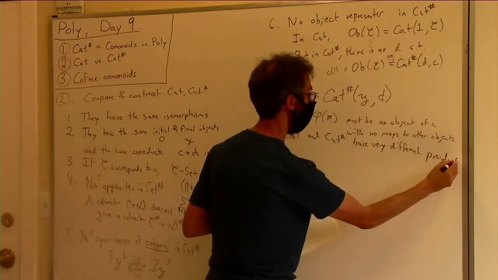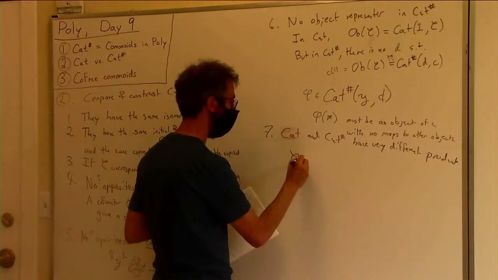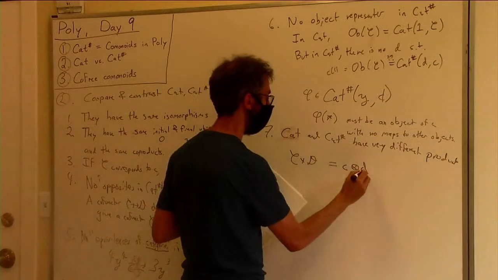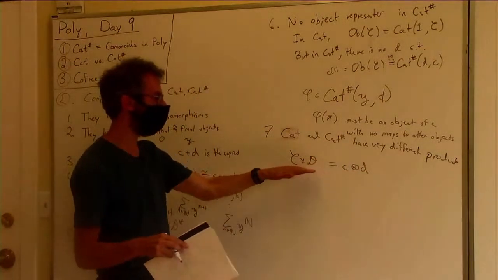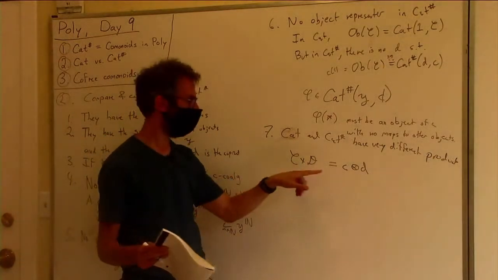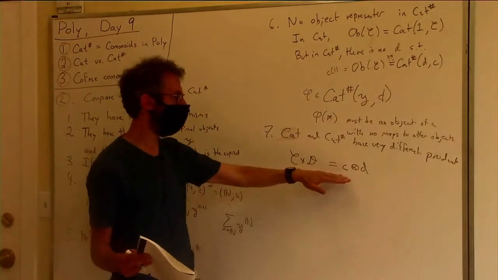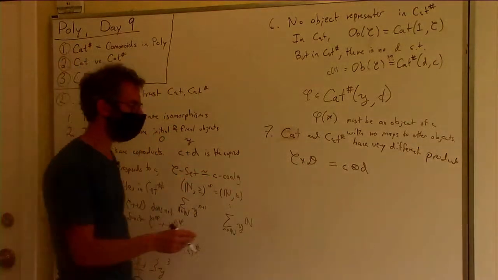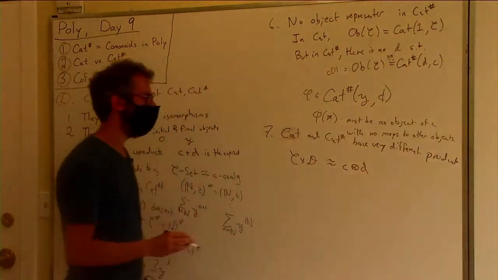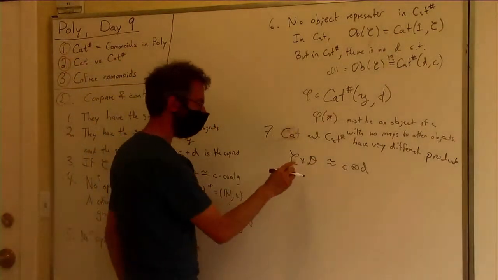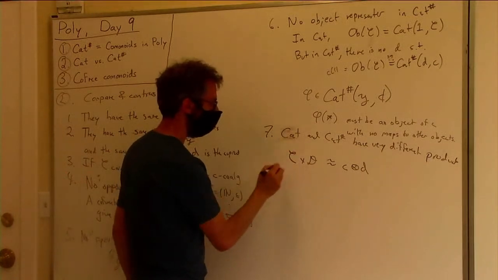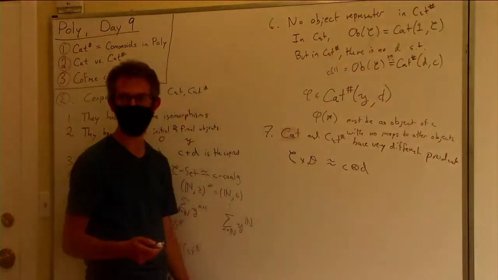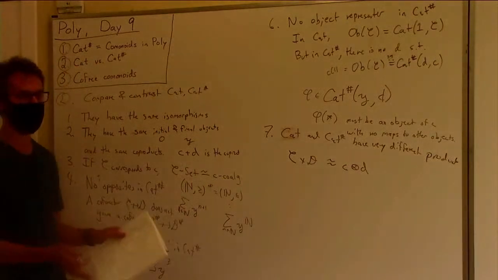One thing I can say is that C times D is C tensor D. This is a weird symbol, but if I take two categories, turn them into comonoids, and tensor those comonoids, then the resulting thing will be a category whose objects and morphisms will be C times D. So there is a way to get the product of two categories, but it's a tensor product of the comonoids, and it does not have a universal property.